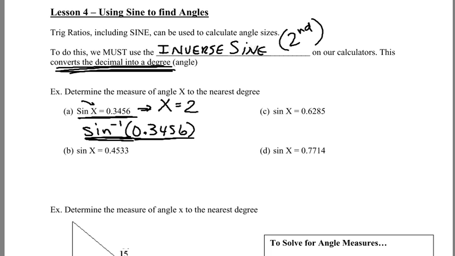Remember, angles can be taken to the nearest whole degree. For C, sine of x equals 0.6285. Well, again, finding the angle. So we need to inverse or second function sine, and then we'll put the decimal in.